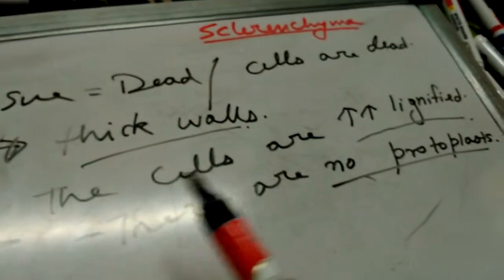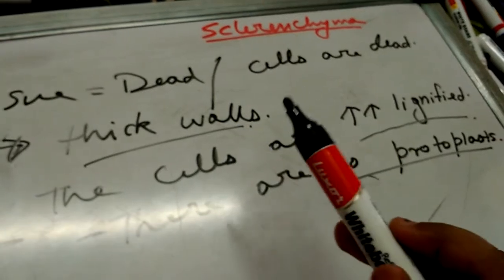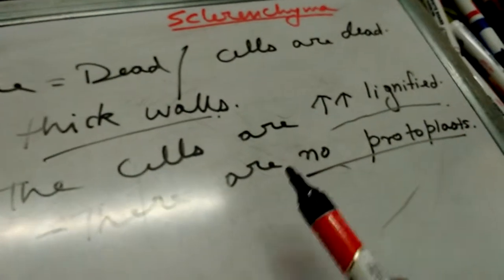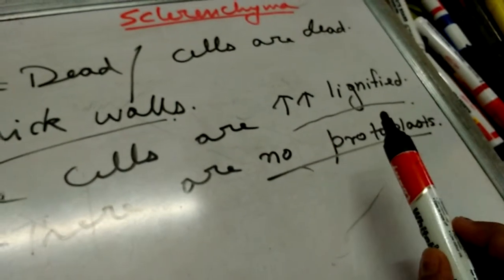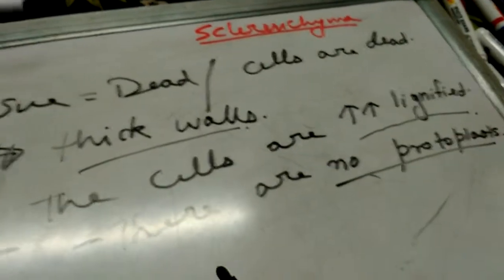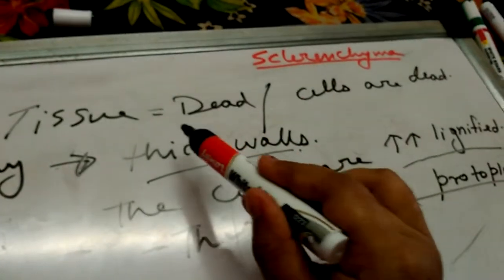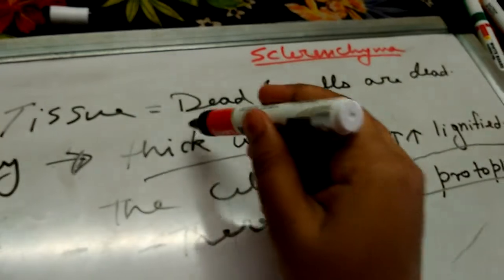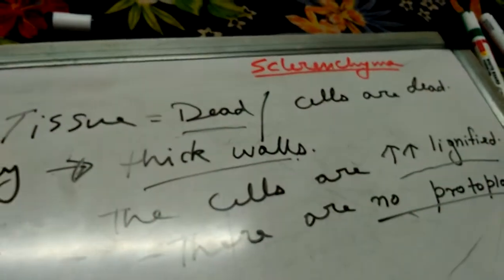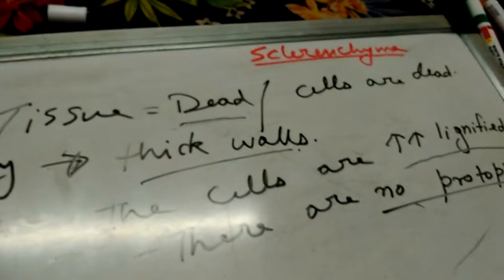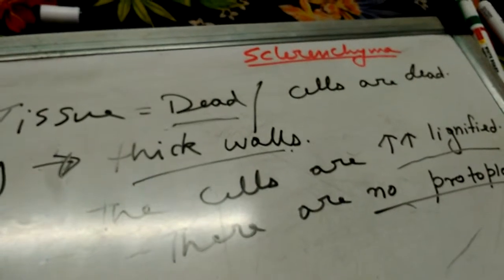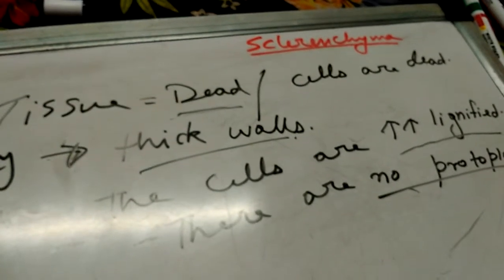And if the cells are dead, thick walled or highly lignified, then no protoplasts are present. So these three points are very important, making sclerenchyma distinct from the other two types of simple permanent tissues, which were parenchyma and collenchyma.